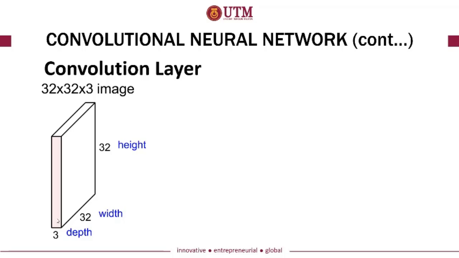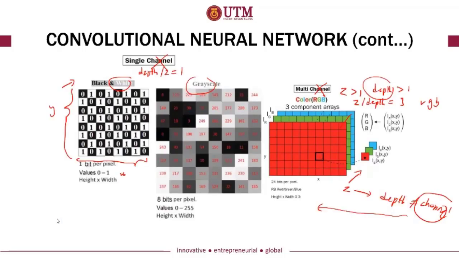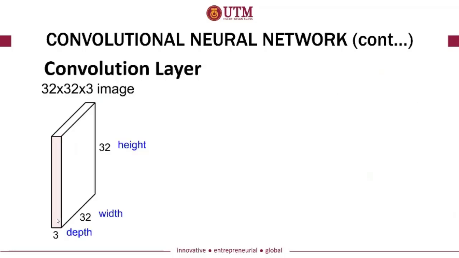Actually, you can also apply it to grayscale images or binary images, but because in real life we are always dealing with color images, most CNN architectures, even the well-known architectures, are designed for color images. Okay, and then the size of X and Y, the width and the length, is 32 times 32 pixels, with a color image.